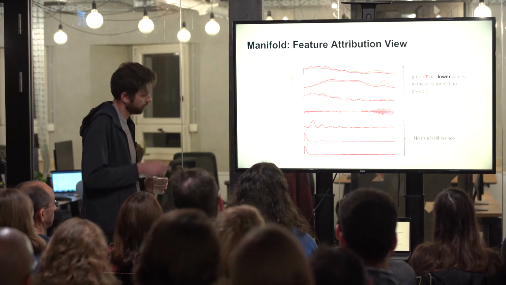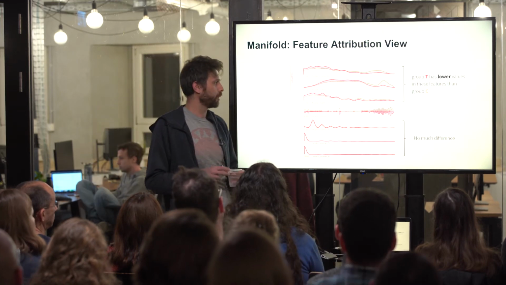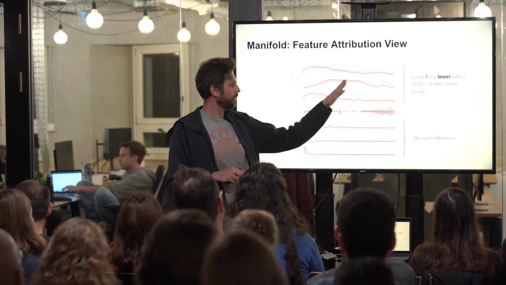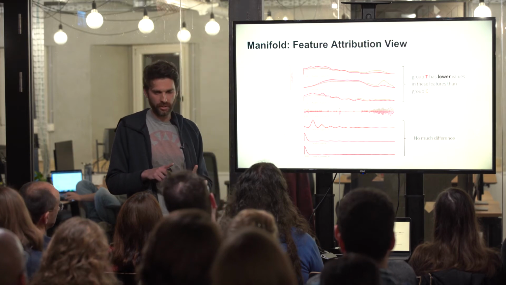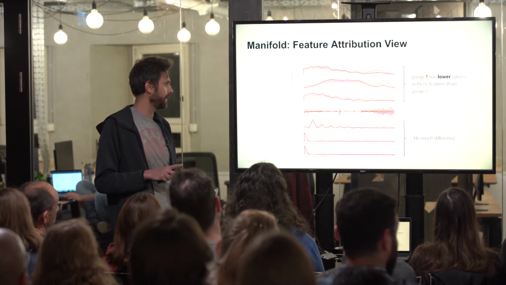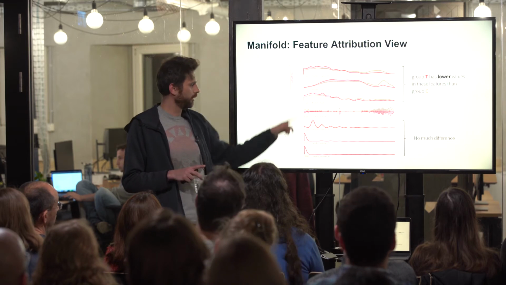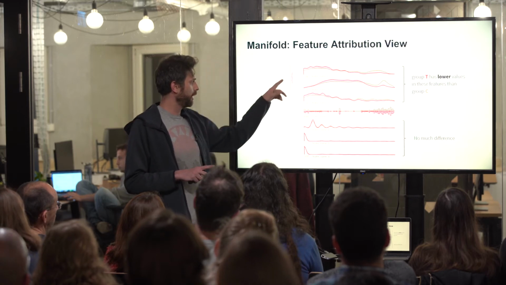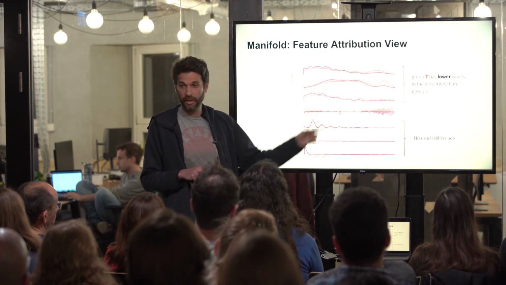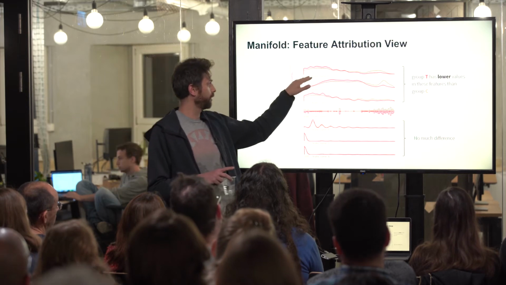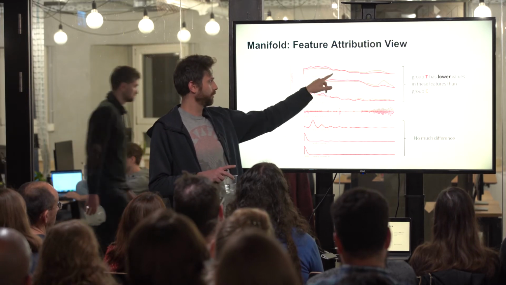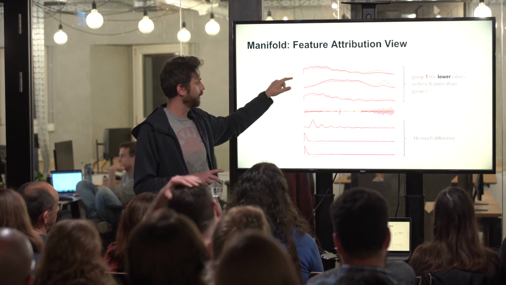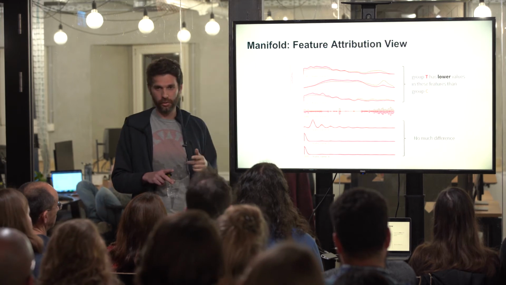OK, so that's the second part, the feature attribution part. We can take a segment, a group, and analyze the features that are the most different between the two segments. They are ranked by the difference, by KL divergence between them. And what we can see here is a histogram of each feature. So for the first feature, the red line shows the histogram of the value of this feature for some segment, and the brown line for the control group.